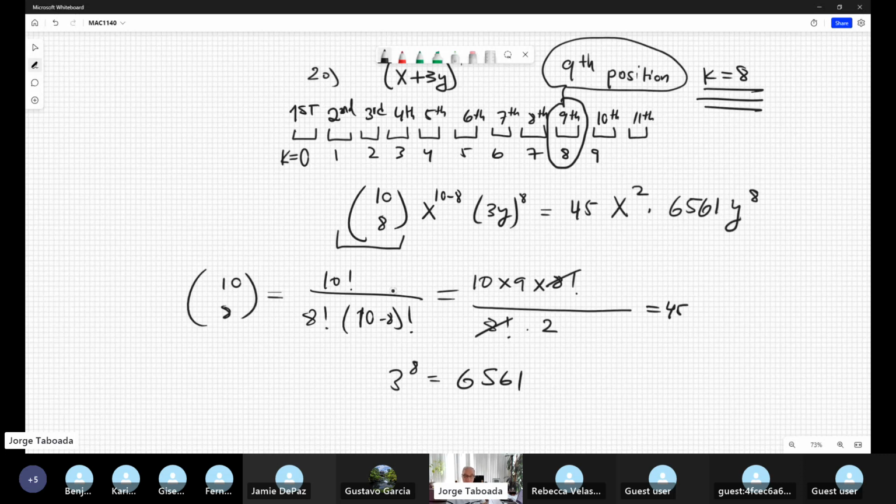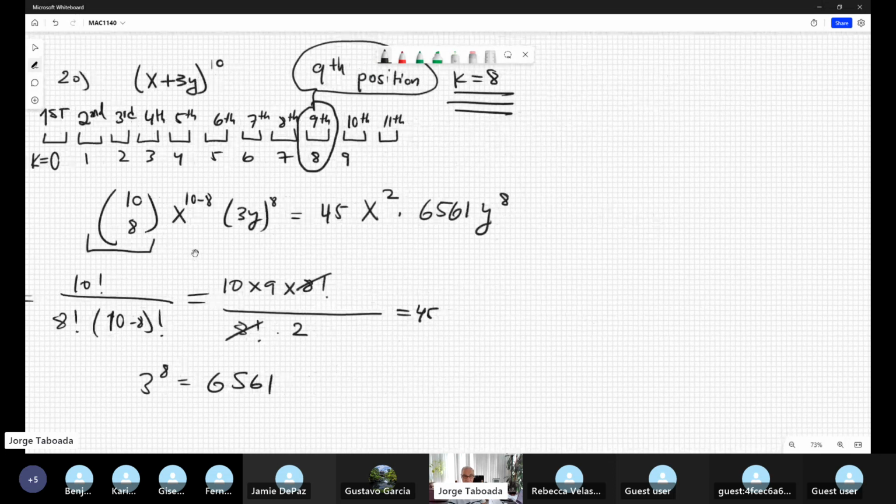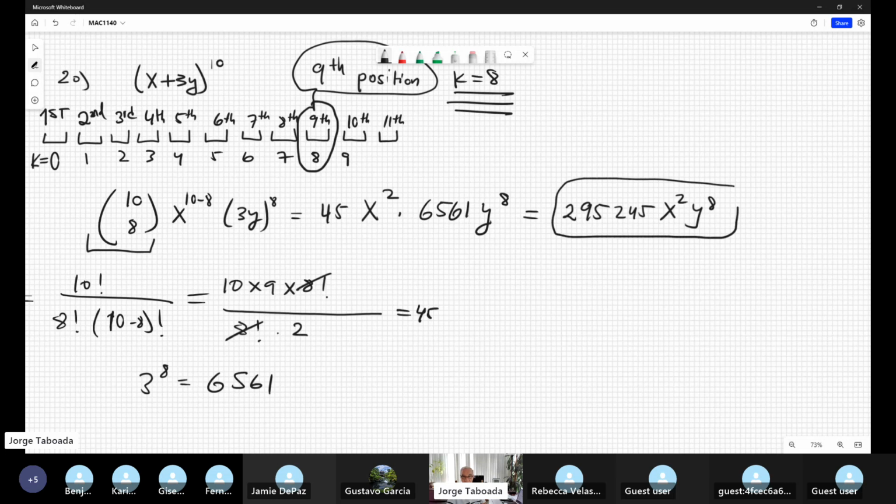And when you multiply, poof, the answer is 295,245 x squared y to the 8th, which is the final answer. It is the term located in position 9, which is equivalent to saying that K is equal to 8. Super clear?